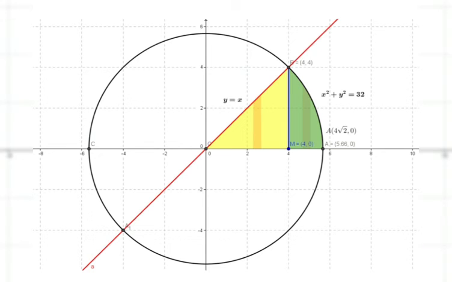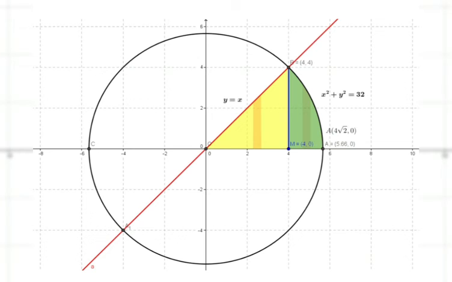And whenever you are integrating to find out the area of the region shown in green color, always remember, you can get y from the equation of the circle, because the region which is shown in green color is under the circle. So whenever you talk about y, you can get it from the equation of the circle.